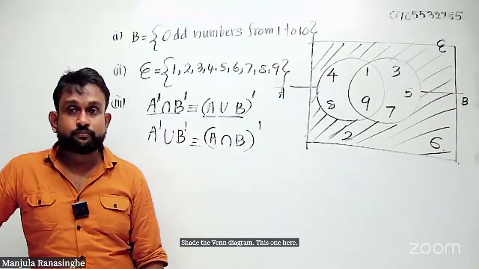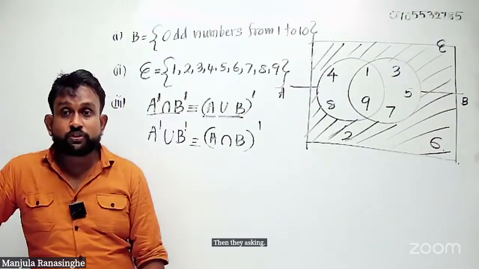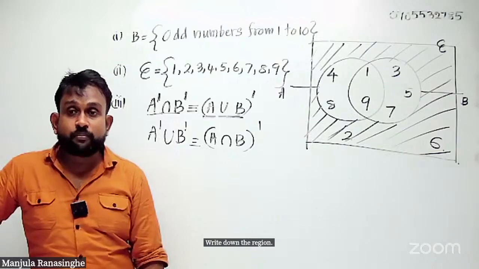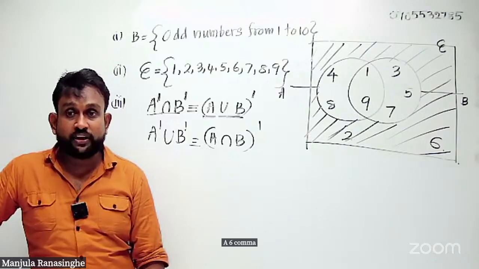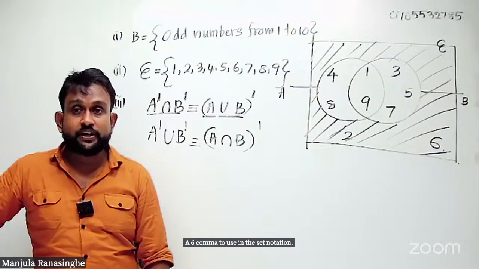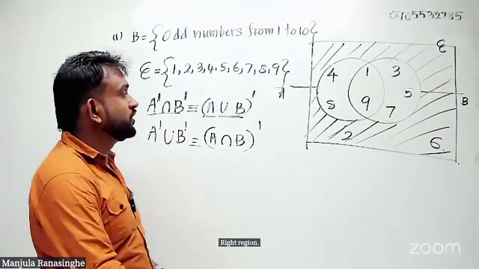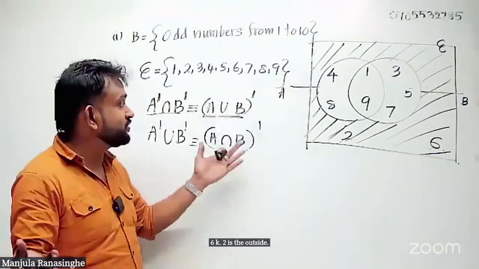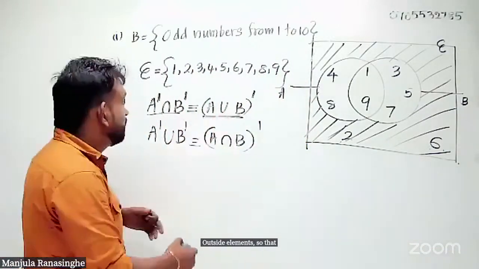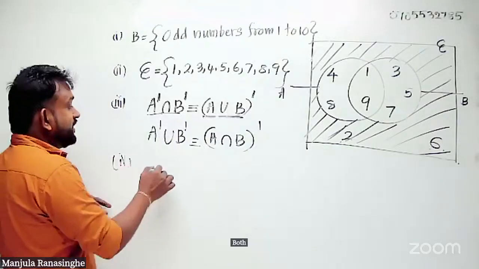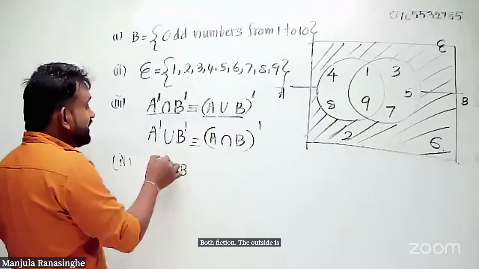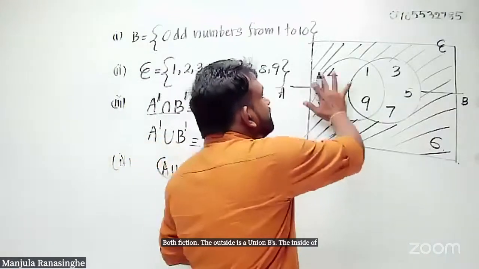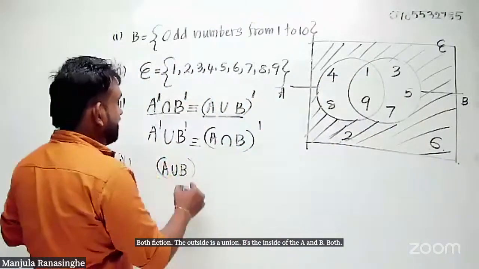Then they are asking, write down the region 6, 2 using the set notation, right? Region 6, 2 is the outside element. So that is similar to here. In the fourth question, the outside is A union B, the inside of A and B both, total, but except that.